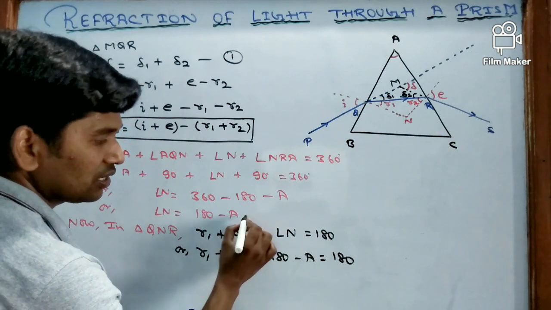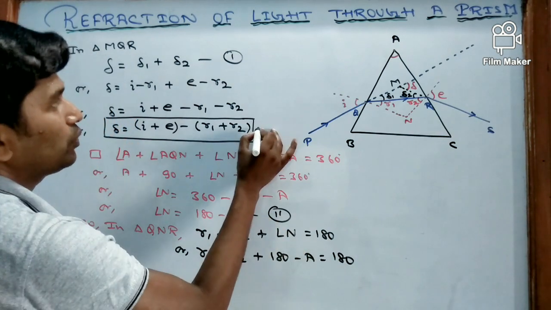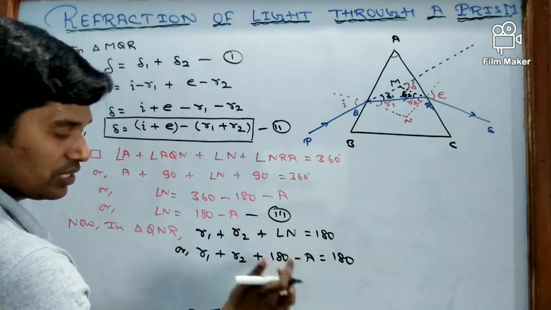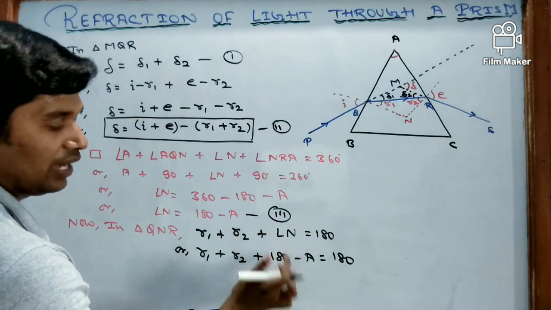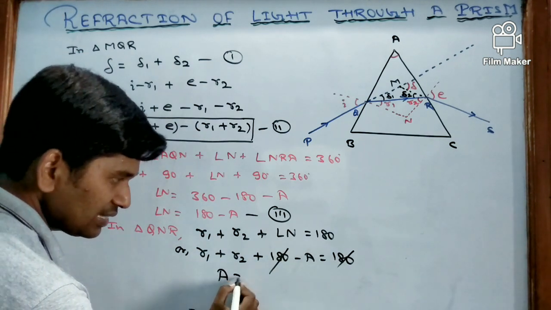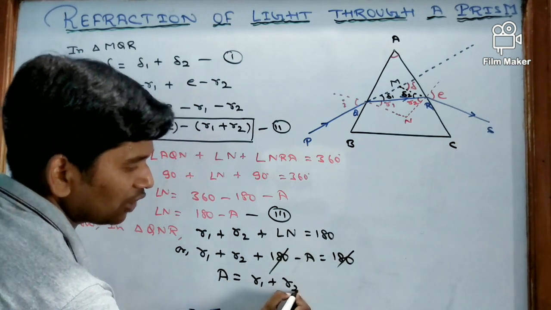We have just put this value in equation number 3. From equation 3, we substitute this value of N. So we will get angle A is equal to R1 plus R2.